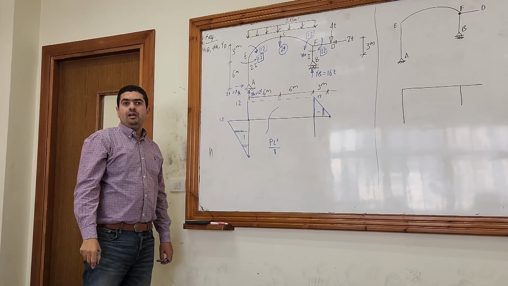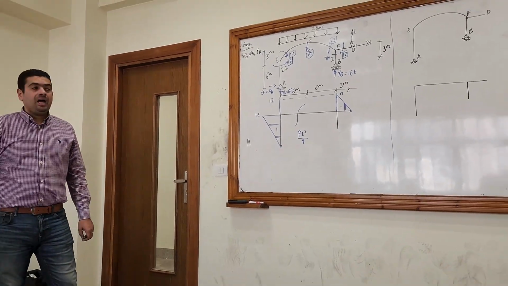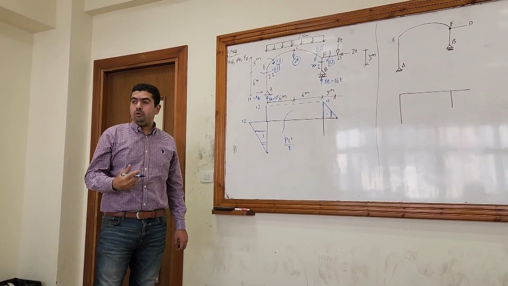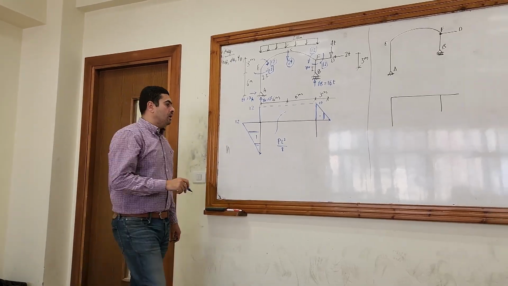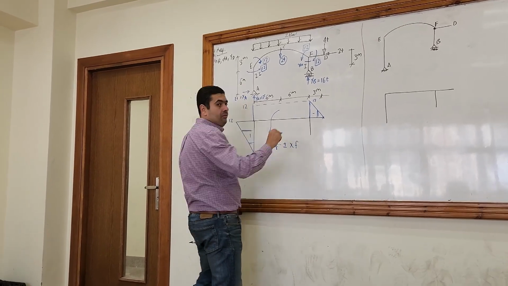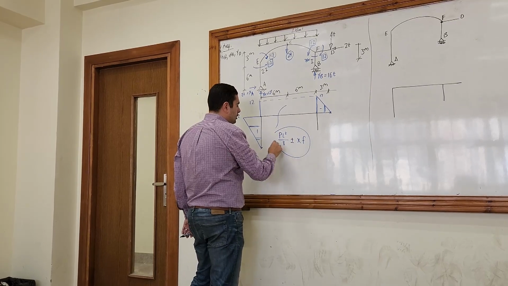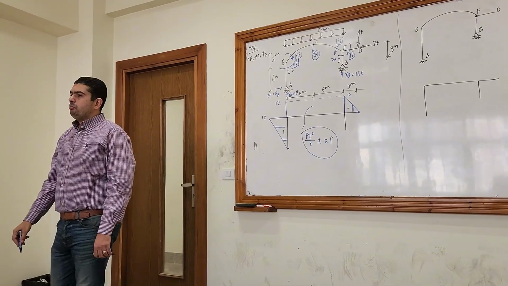But this is the loads effect. This is called the loads effect. And then there is an arch effect. Structure 1, all this is structure 1. Arch effect. What is the arch effect? It's plus or minus x times f. So now instead of PL square over 8, for the arch it is PL square over 8 plus or minus x times f.